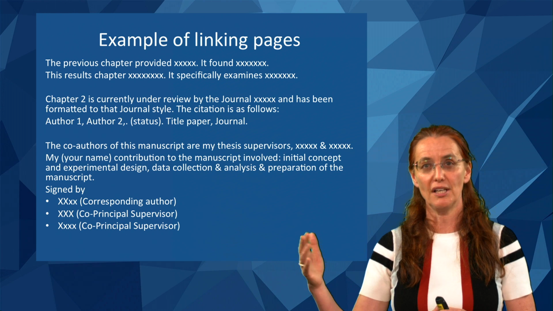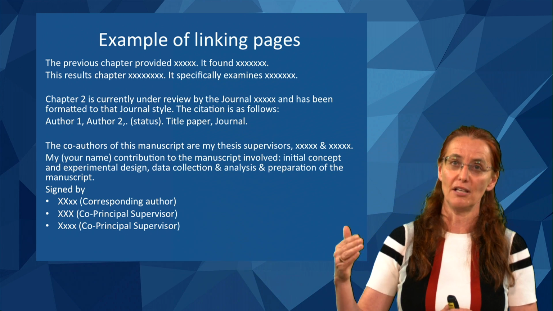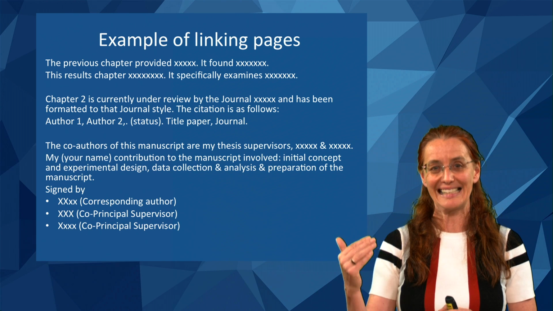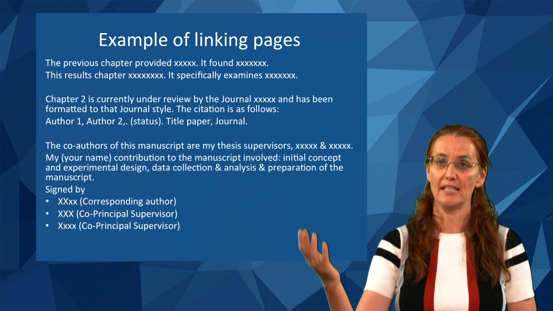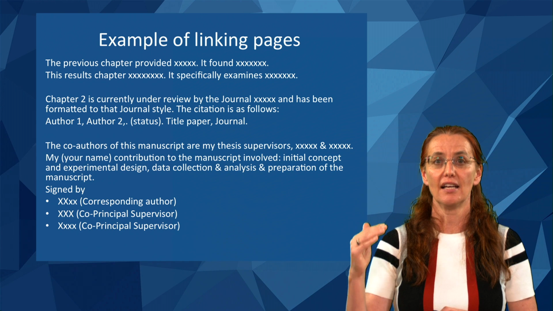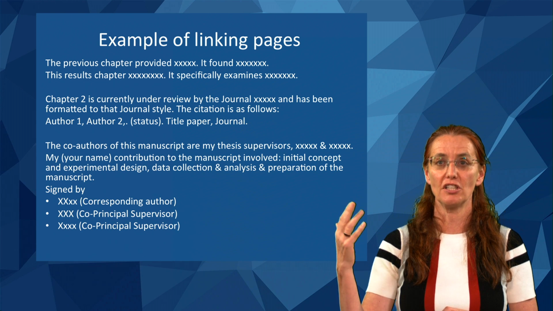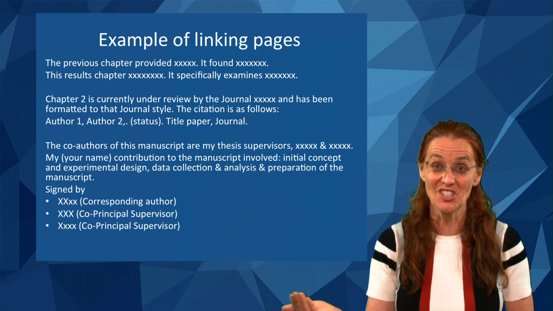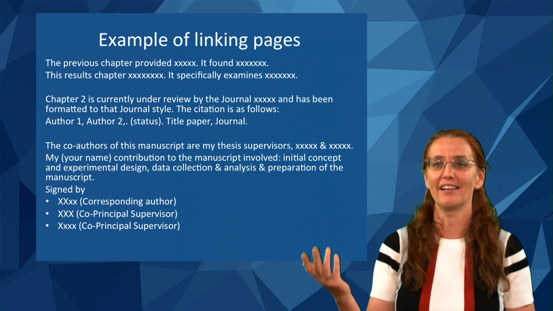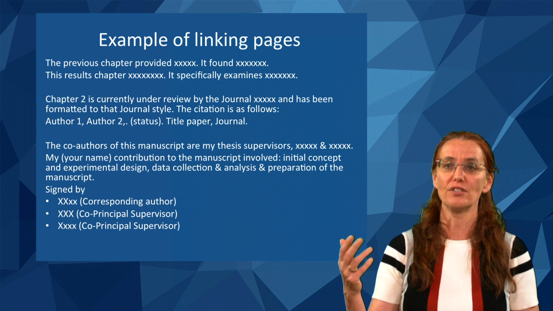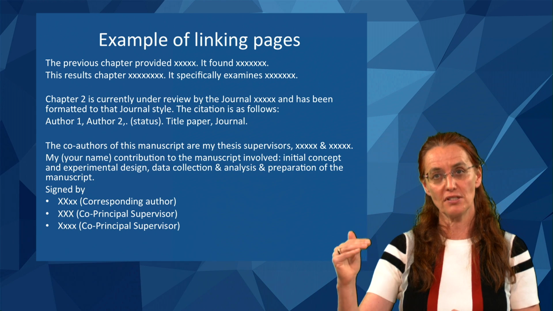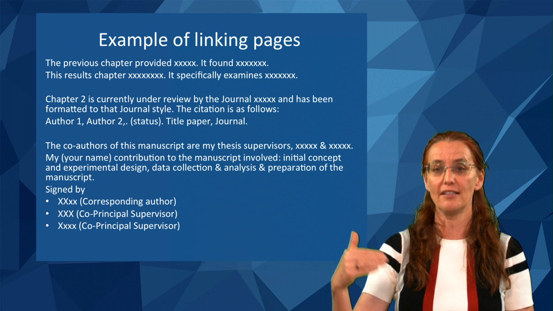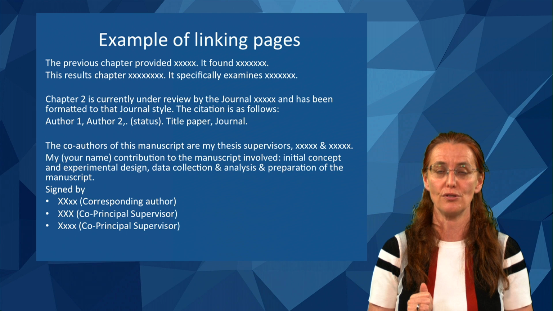I contributed this and this, and then it's signed by them. The point is it makes it really clear what you did versus the other people, and they've signed off on that. As we mentioned, it can just be the corresponding author, but in some cases the corresponding author for these papers is the student, and so it requires the other authors to sign. Sometimes you can get the principal other author to sign on behalf of the other authors if they've had authorisation from them to do so.